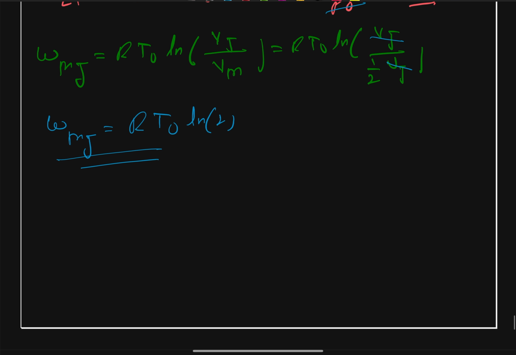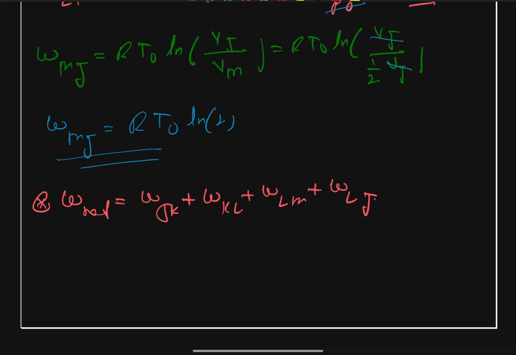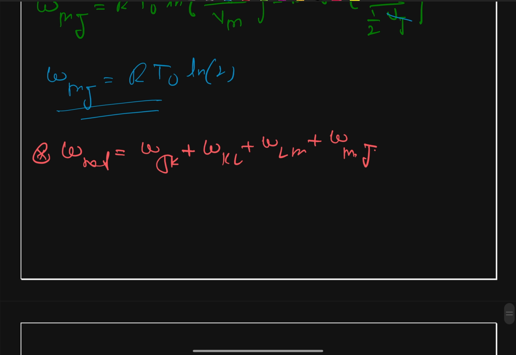So finally W net will be equal to work done because of JK plus work done KL, work done LM plus work done over LJ. Sorry, not LJ but MJ. And we substitute them and add them.